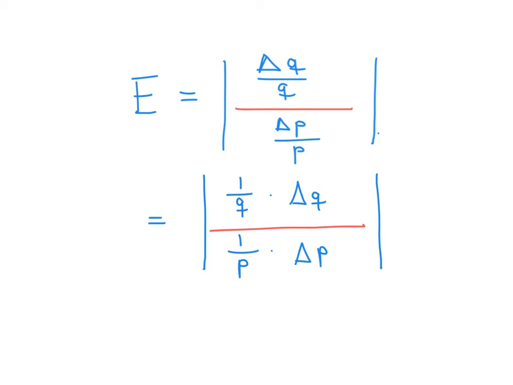Here 1 over Q and here 1 over P. Now let's continue right here. This is 1 over Q, right, over 1 over P. We can write this as P over Q, right? Bring the P up, pull the Q down, then multiply by this guy, right? Delta Q over delta P.